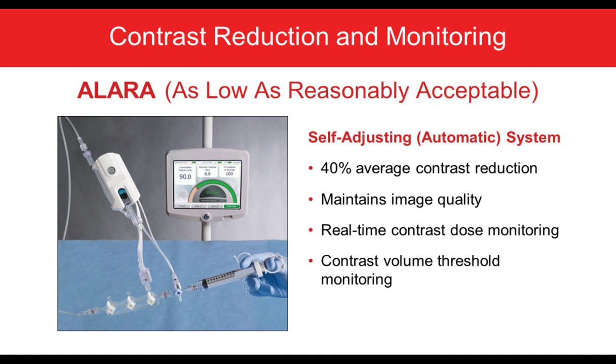But what is quite unique about the system and a real refreshing change from the way we monitor contrast use is there's a digital readout from a smart syringe that tells us how much contrast we're actually giving to the patient, both with each injection and the cumulative volume. So it's less guesswork, less trying to estimate from the bottle how much we're using, and more real-time data that can help physicians make decisions about when to continue, when to stage procedures, etc.